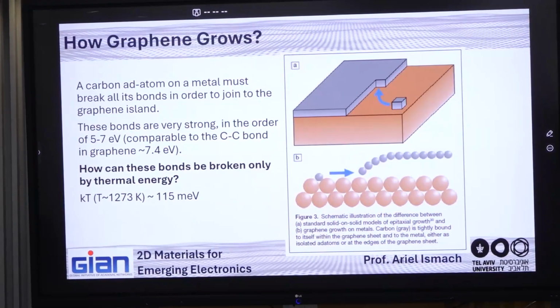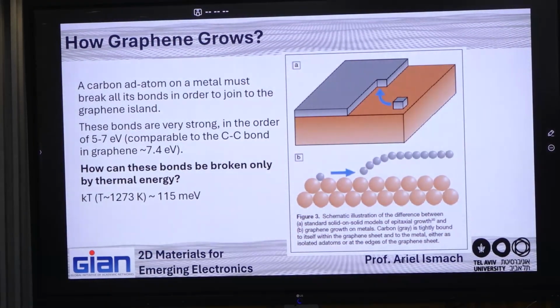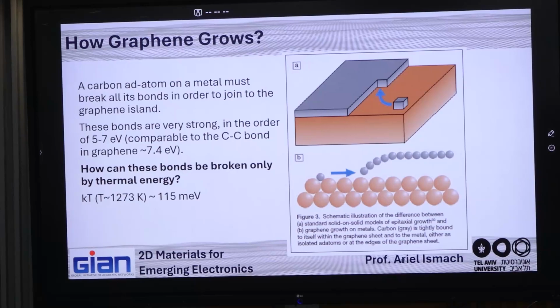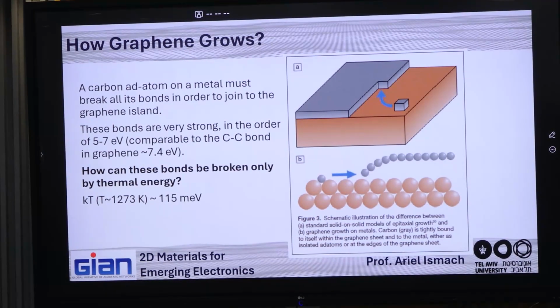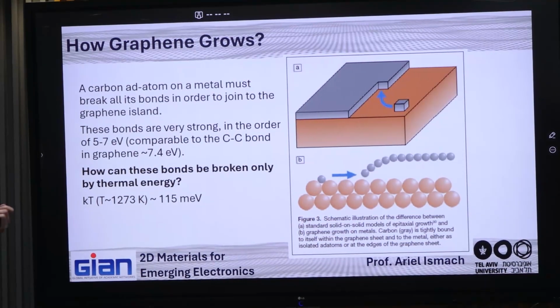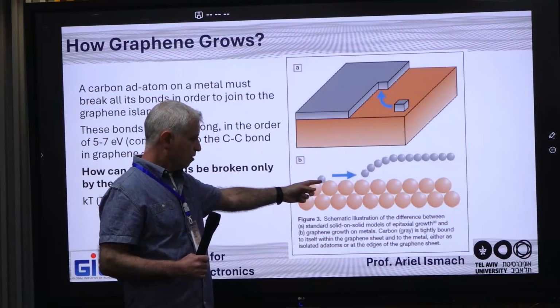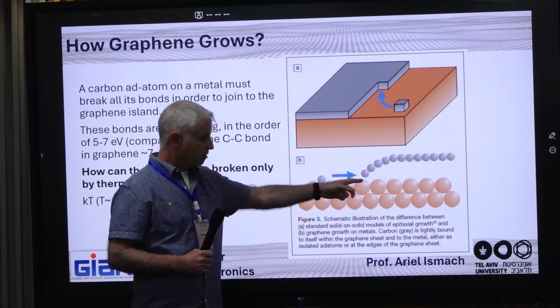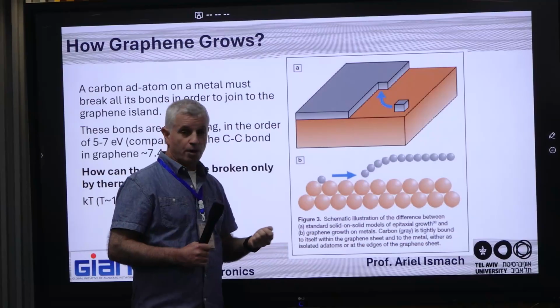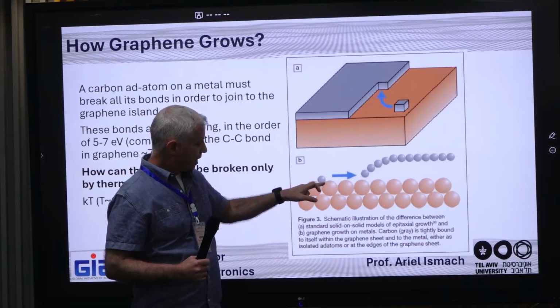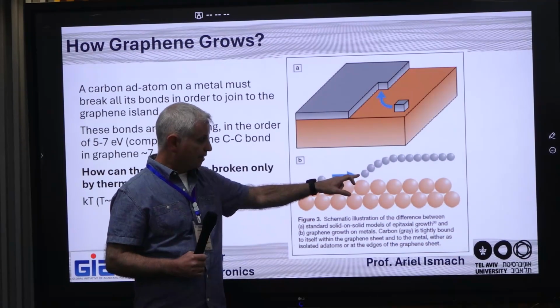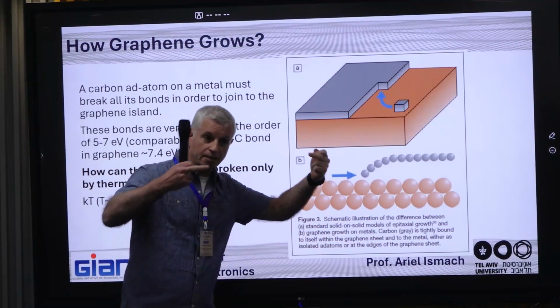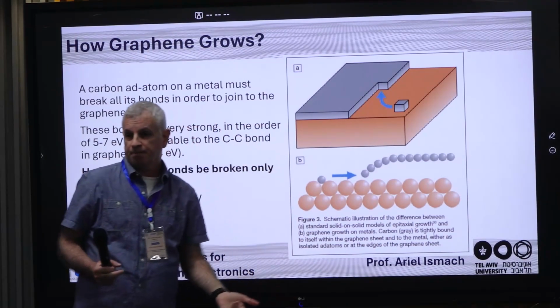So in the beginning of the research of the growth of graphene, people asked how it is that a single atom of carbon diffusing on the substrate reaches the edge, and where the energy in order to break these bonds and generate the new bond comes from.